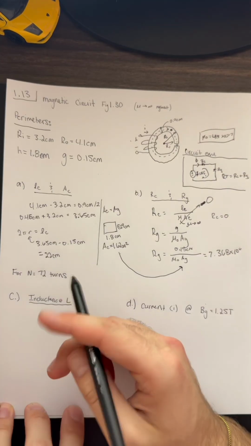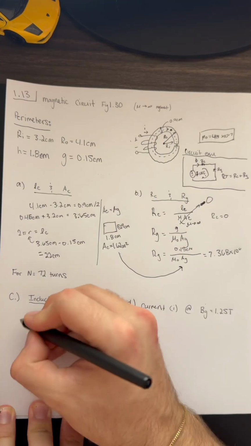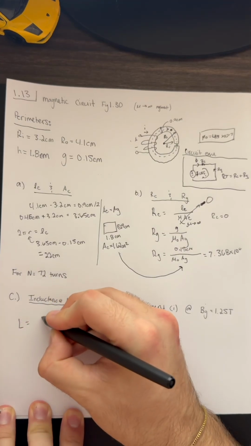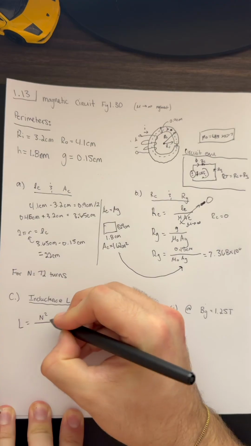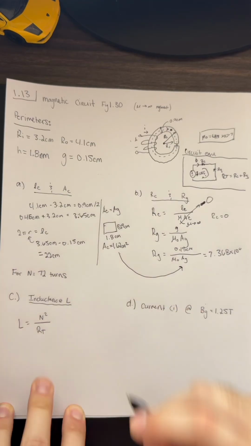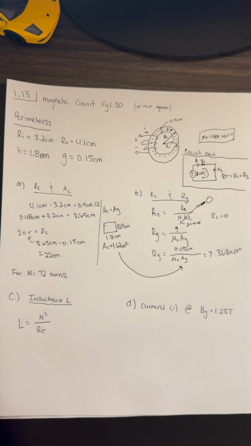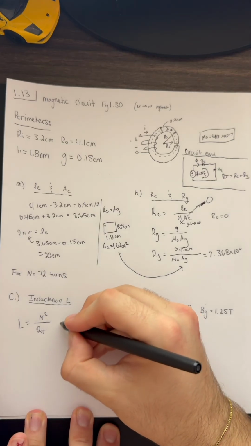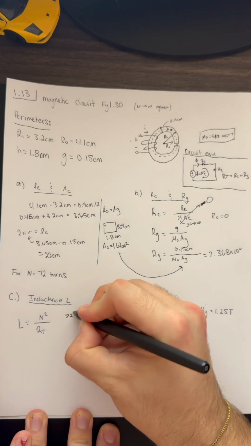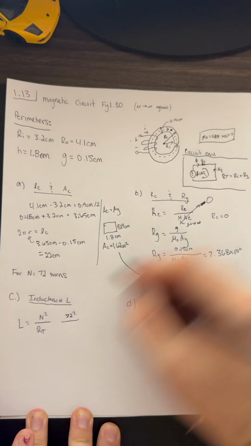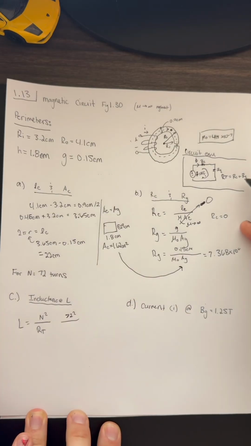And then for the inductance, we have L equal to N squared over R total, which is just the formula for inductance. And we know the number of turns. So 72 squared over RC plus RG.